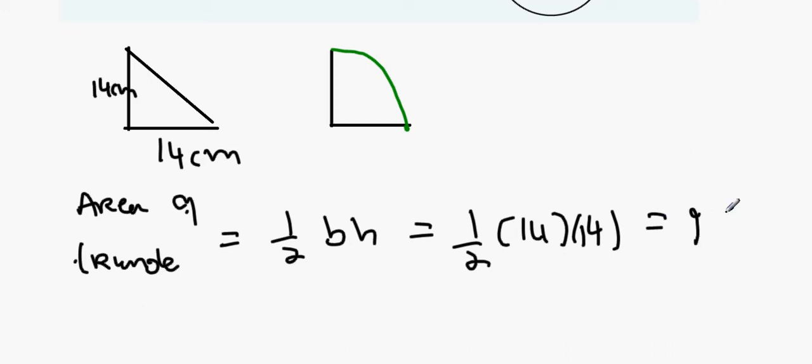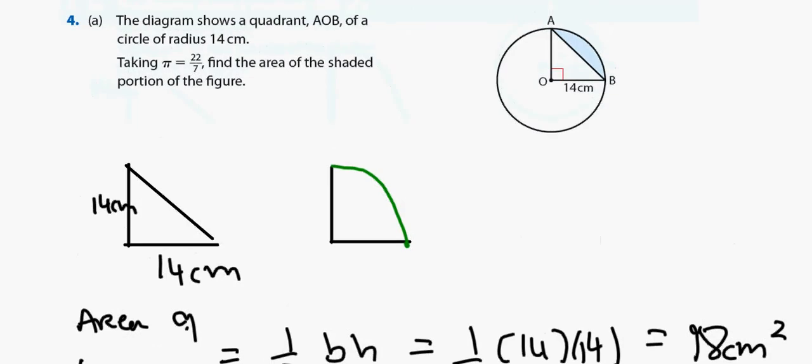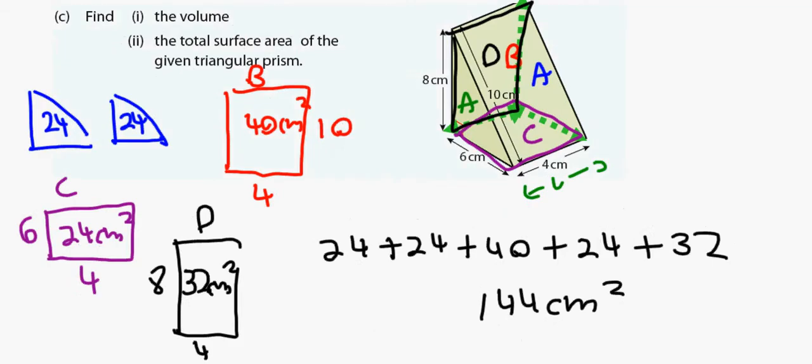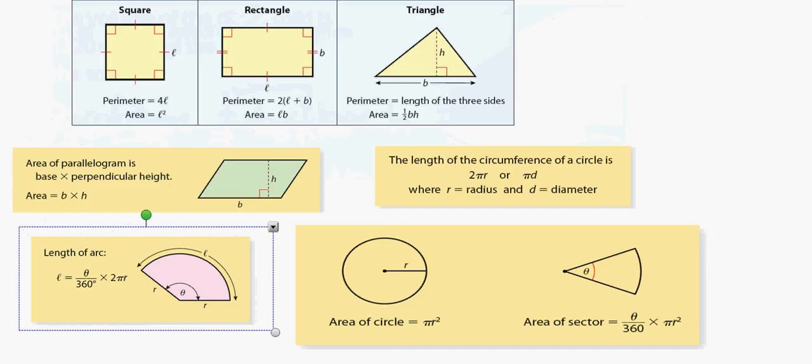Next we've got to find the area of the sector. To do this you might want to use your area of the sector formula. Just get the area of the full circle and divide it by 4. Basically that will be the gist of it.